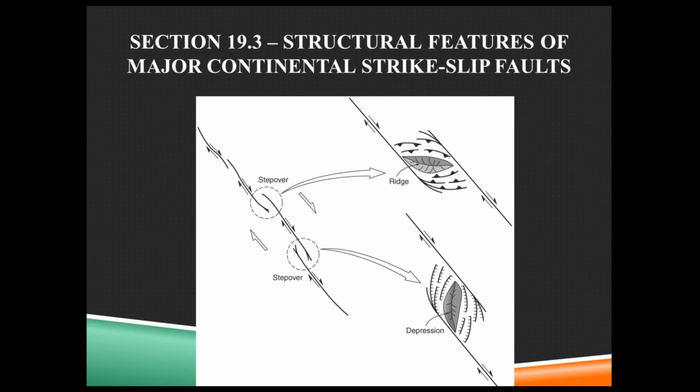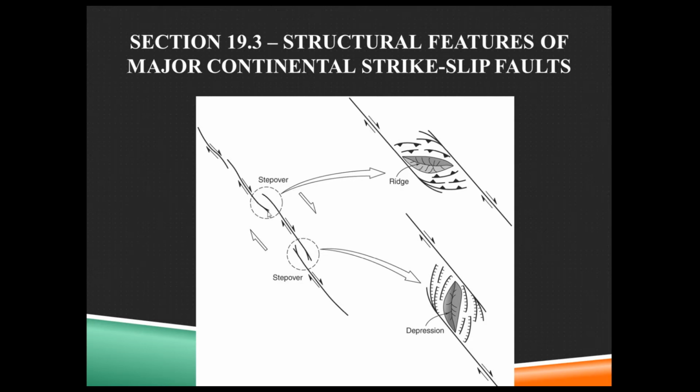So transform faults are a type of strike slip fault. So what happens when you need an accommodation, a filler between strike slip faults? Well, you get either compression or tension, so you either get rifting or not subduction, but uplift and reverse faults.